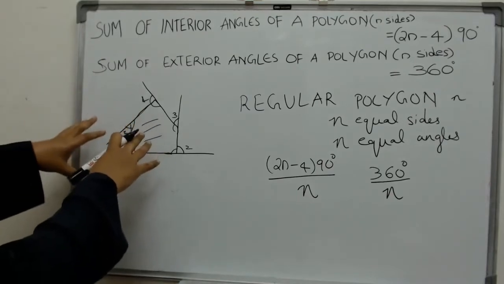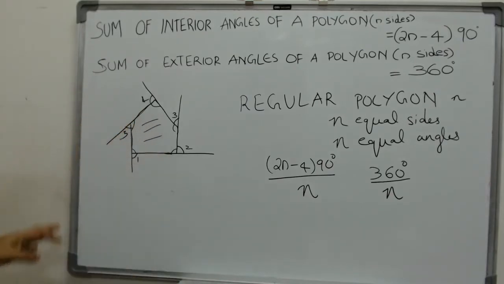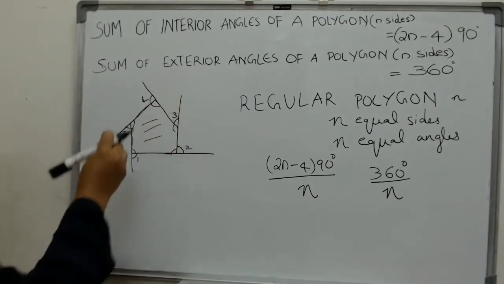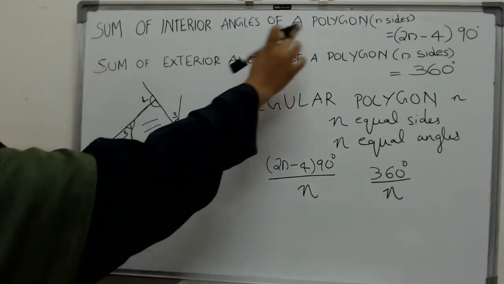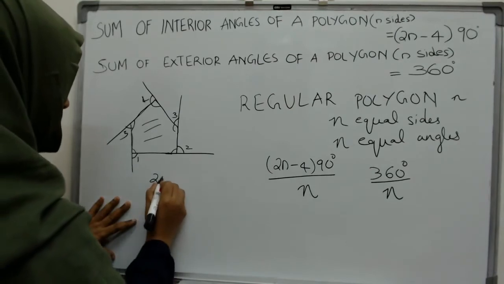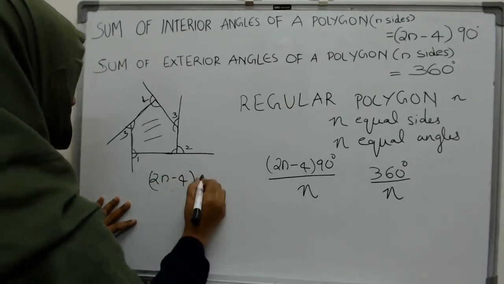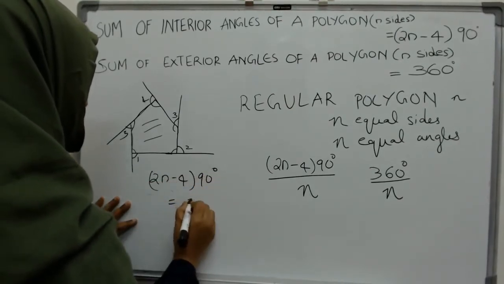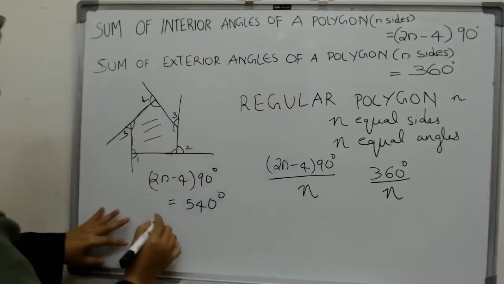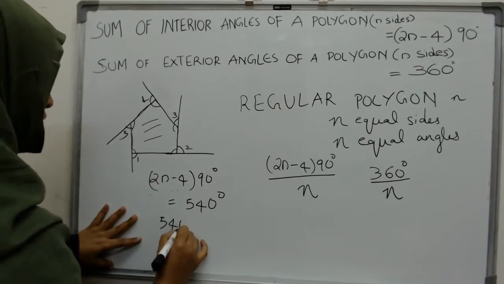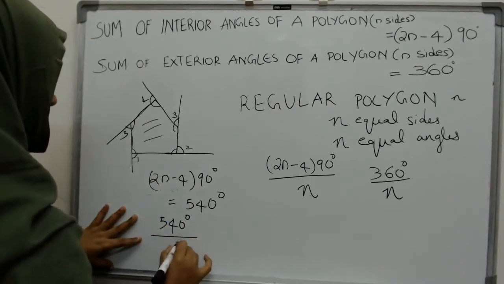So now what does this tell us? Suppose this is a regular polygon. This is not, this is just a pentagon. Suppose it is a regular pentagon. So regular pentagon means what? The sum of its interior angles, we learnt that it is 540, right? But what if it is regular? Then each angle will be 540 divided by 5.